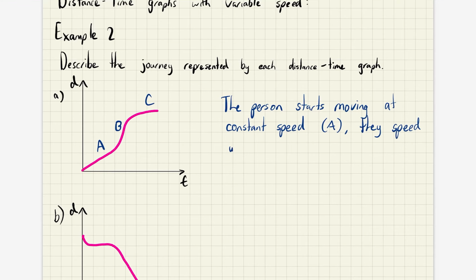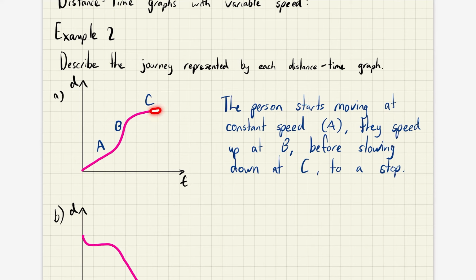They speed up at B. So we're going constant, then they speed up because we're going steeper, but then you can see it starts to flatten out again before slowing down at C. I'm going to say to a stop.